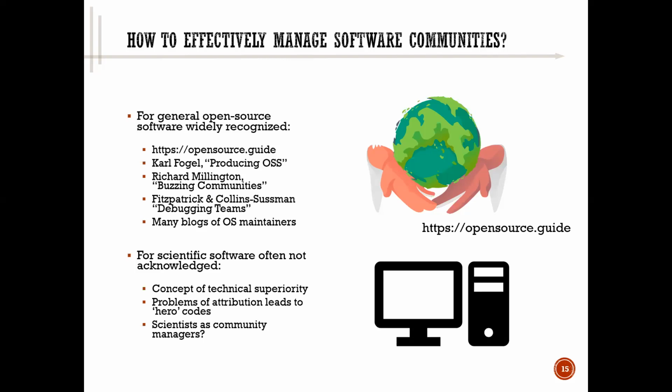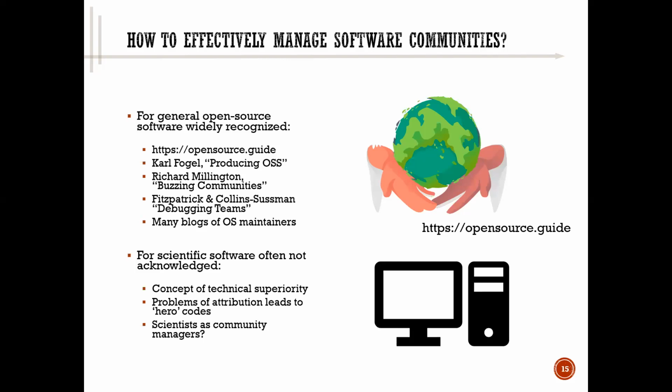And in my opinion, there are three main reasons for that. The first reason is that we often argue or have in our mind the thought that whatever software is best in technical terms is the one that will be used. And therefore, community doesn't play a role.